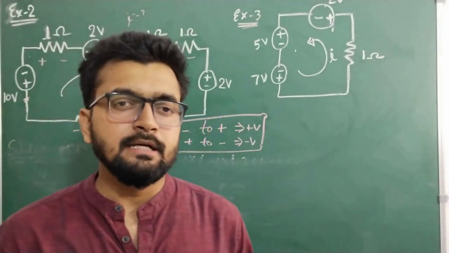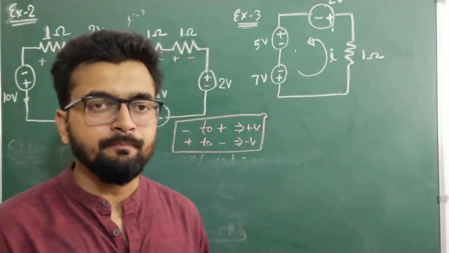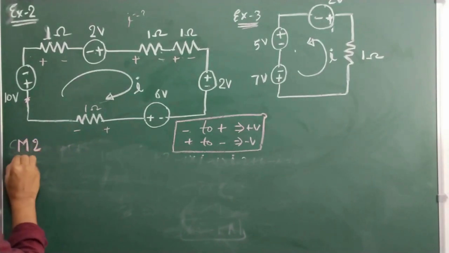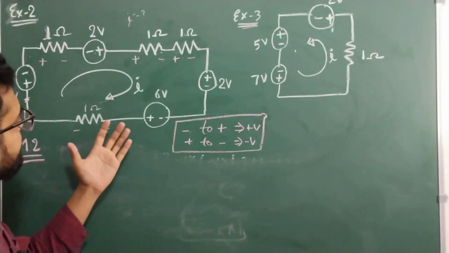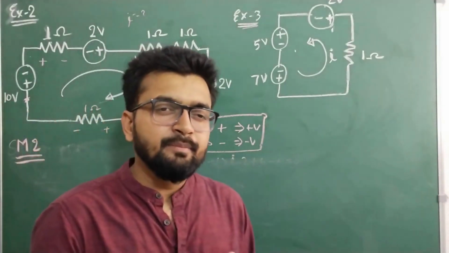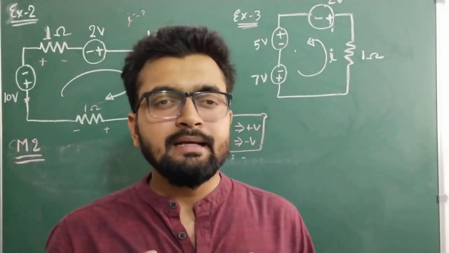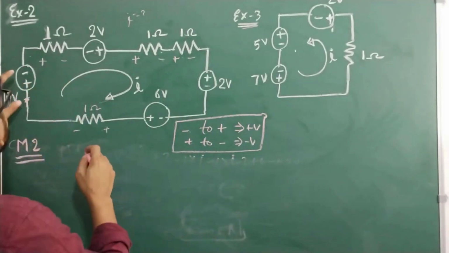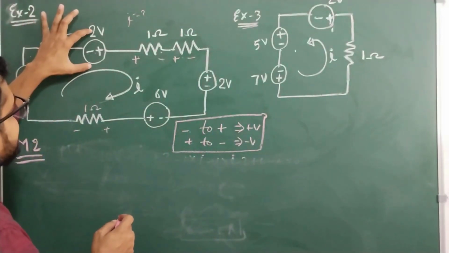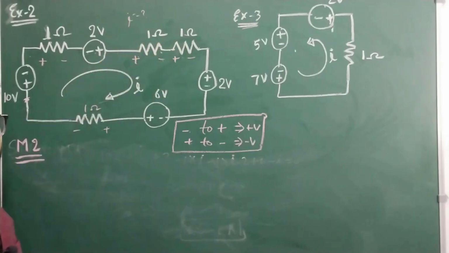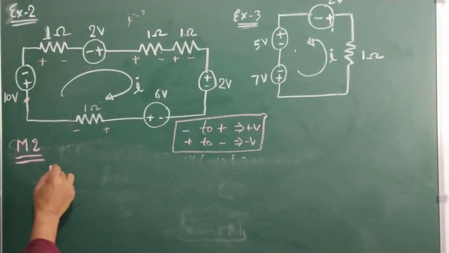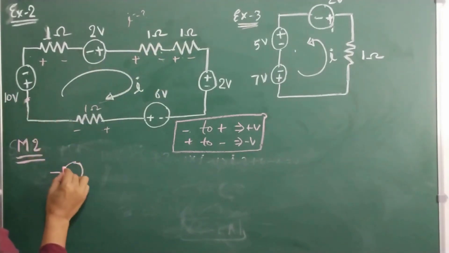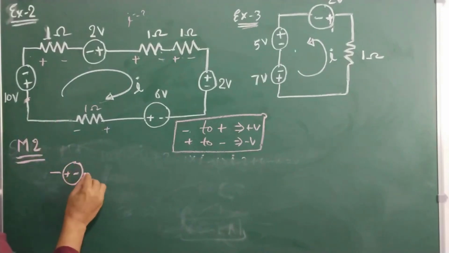Now let's look at another approach to solve this problem. Method 2. When n voltages are in series, we can write down the effective voltage in a given loop. If you look at this voltage in series with this voltage and these two voltages as well, let's write down all the voltages in one go, with the polarity.